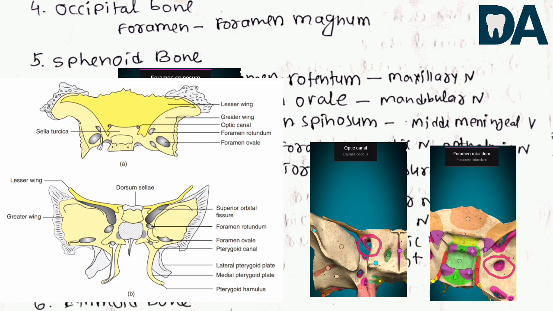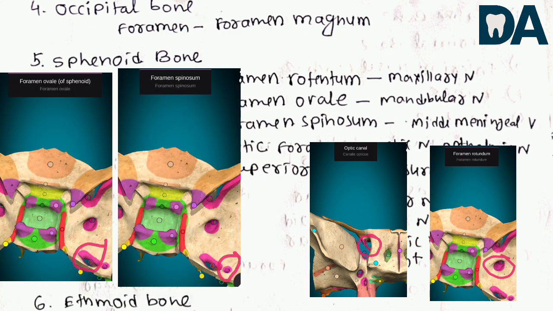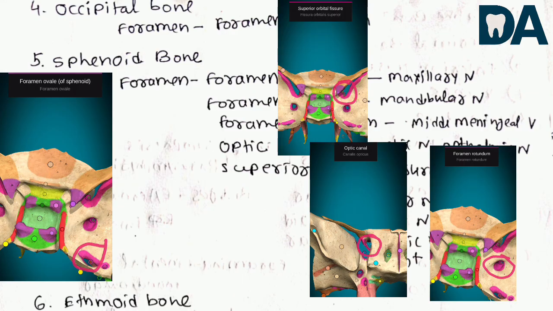There are numerous foramina associated with the sphenoid bone. The main foramina are the foramen rotundum, through which passes the maxillary branch of the trigeminal nerve. In foramen ovale, the mandibular nerve.